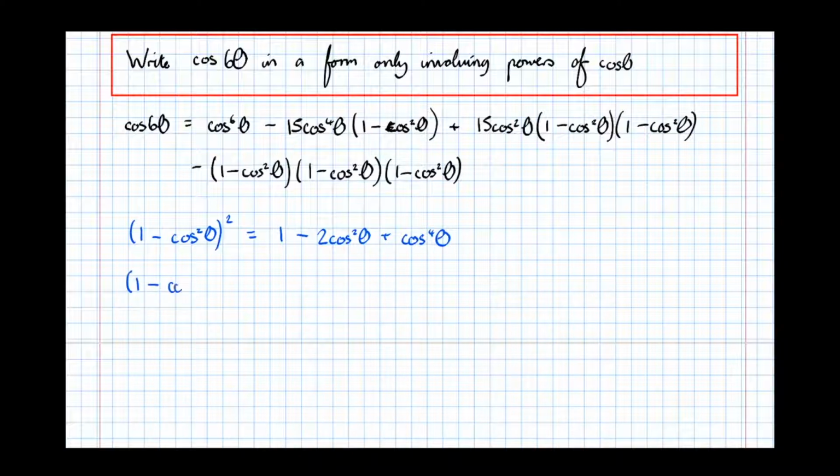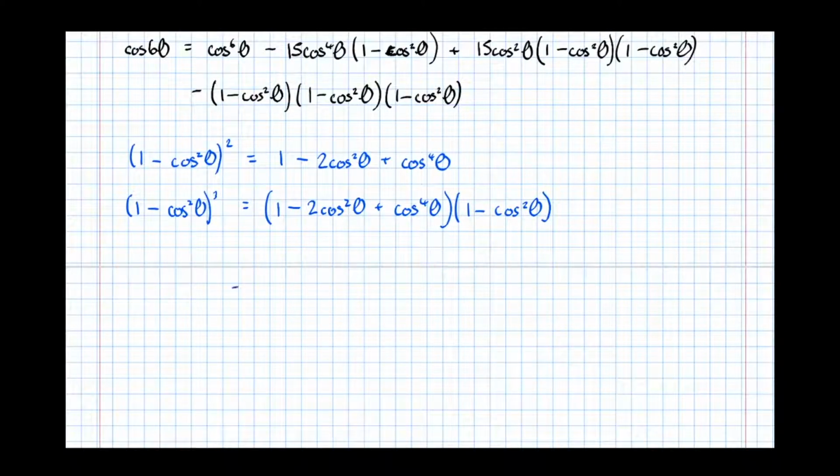So 1 minus cos squared theta cubed equals the above answer, 1 minus 2 cos squared theta plus cos to the power of 4 theta, times 1 minus cos squared theta, which is equal to 1 minus cos squared theta, take 2 cos squared theta, plus 2 cos to the 4 theta, plus cos to the power of 4 theta, take cos to the power of 6 theta.